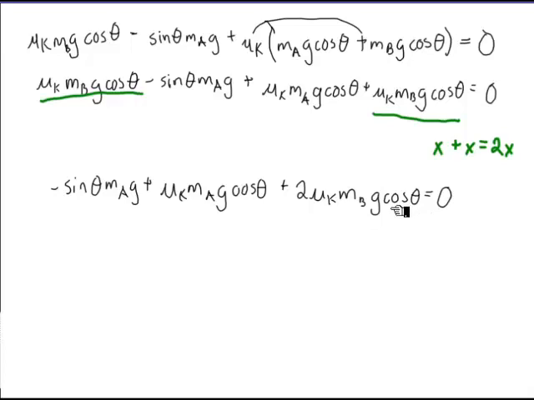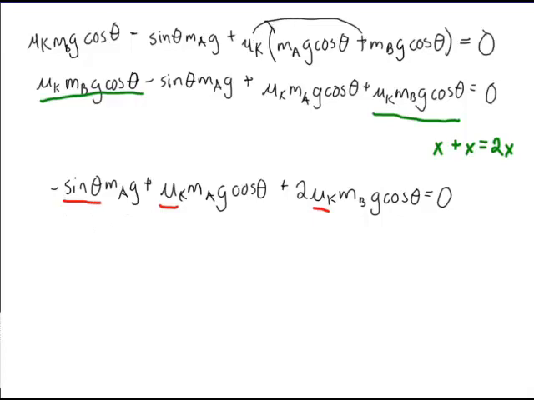Okay, nearly at an end. What I need to do now is isolate. Remember, the problem is asking for mu_K. So what I need to do now is isolate all the terms that have mu_K on one side. How do I get all the terms that have mu_K on one side by themselves? I just dump this guy over to the other side.